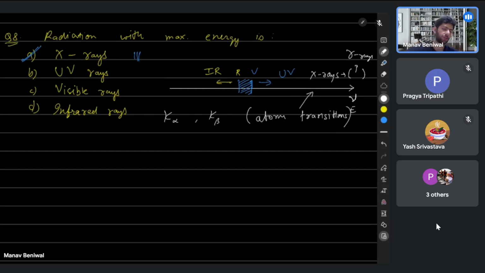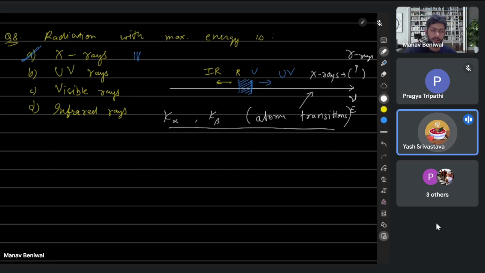I mean, it is not taught in the class, but just for curiosity, because now you know how you get X-rays. You know X-rays come from atomic transitions, where an electron jumps from one level to another. What will generate gamma rays? Mm, does anyone know? I only remember something about decaying and releasing of energy.